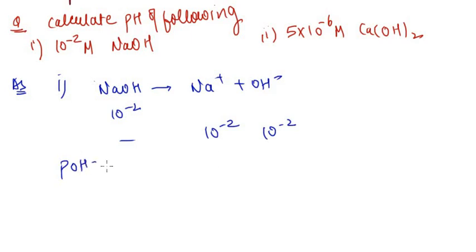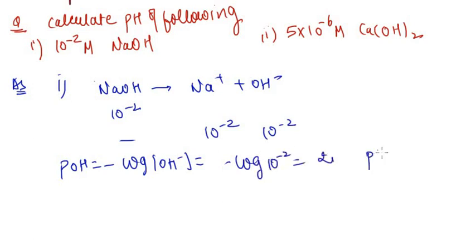So pOH is the negative log of OH negative, which is negative log of 10 to the power negative 2. So pOH is 2 and pH will be 14 minus pOH, that is 14 minus 2, that is 12.